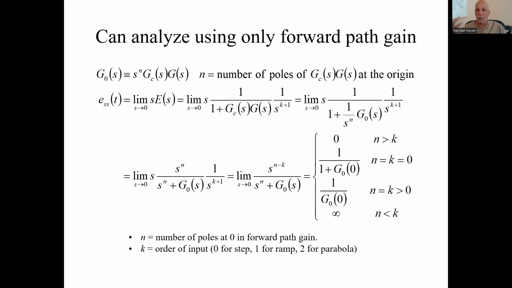I'll put all this in a table in a second. So n is the number of poles at the origin in the forward path gain, not the whole closed loop system. And k is the order of the input in the time domain. So it's 0 for a step, 1 for a ramp, 2 for a parabola.